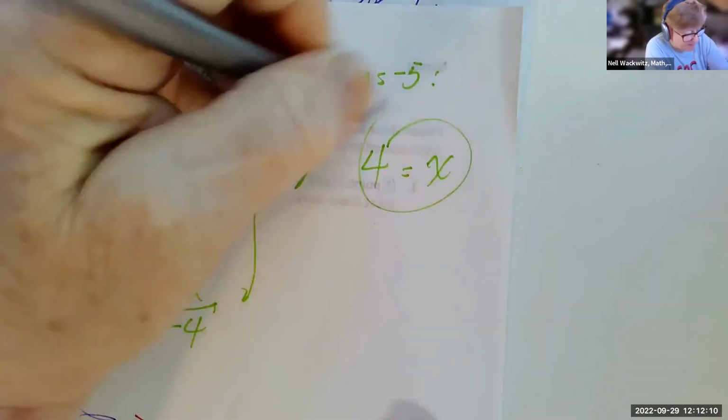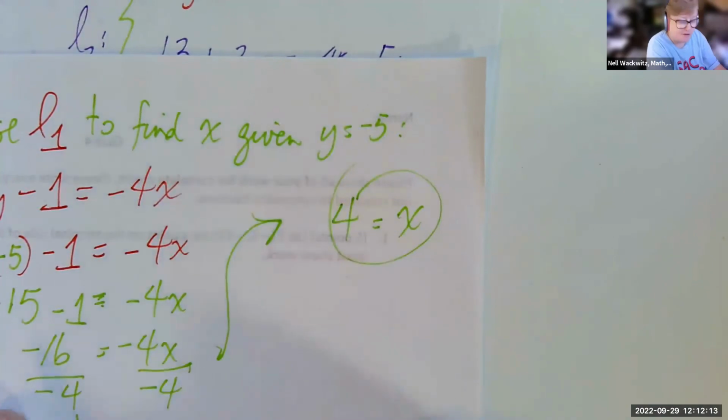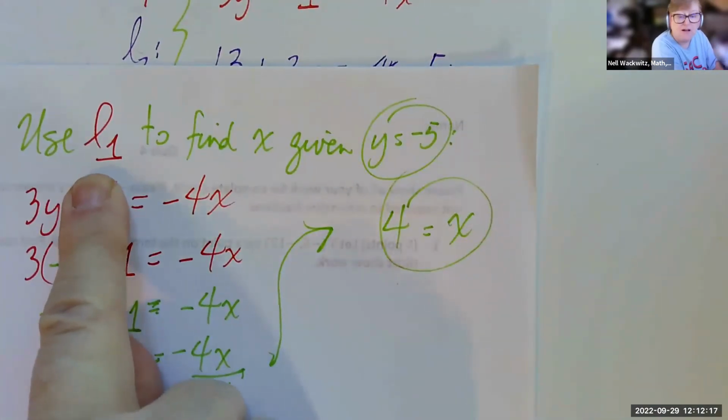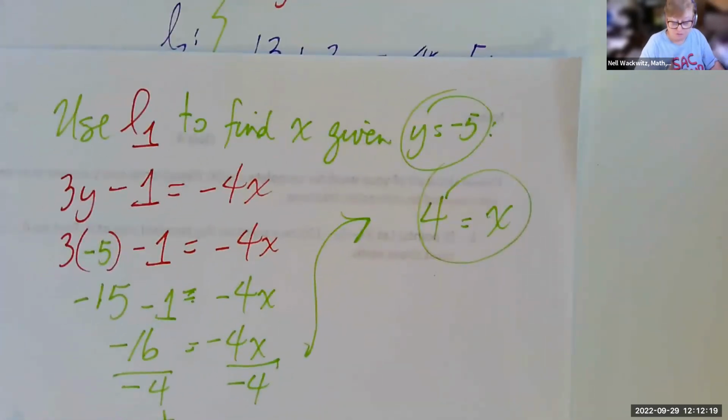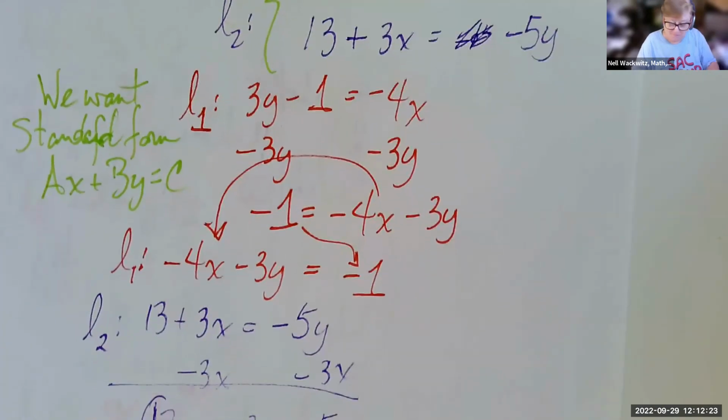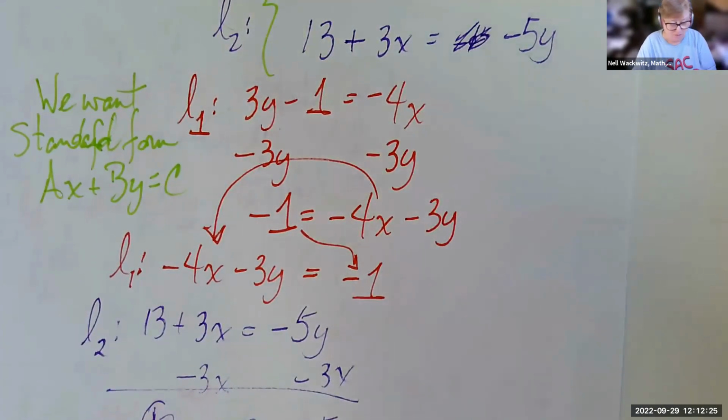So now we have a value for y and a value for x. We used line 1 to find that value of x, so we have to use which one to check? Line 2. That's right.